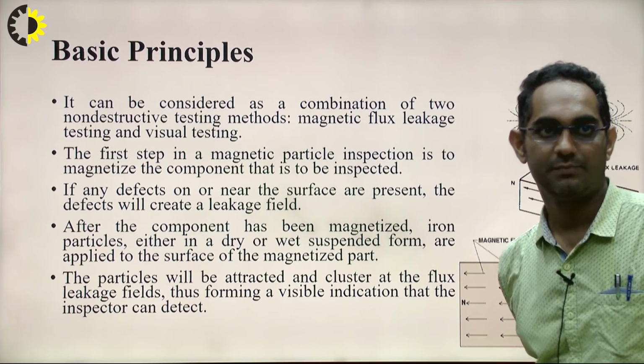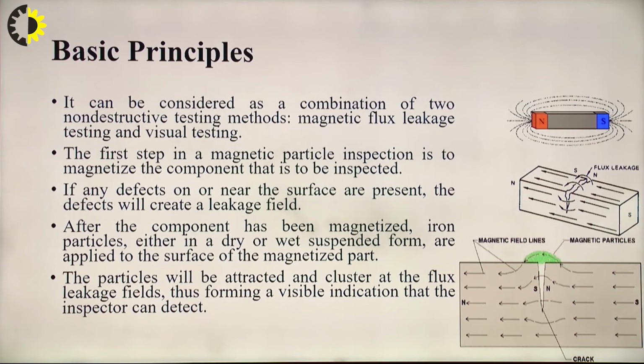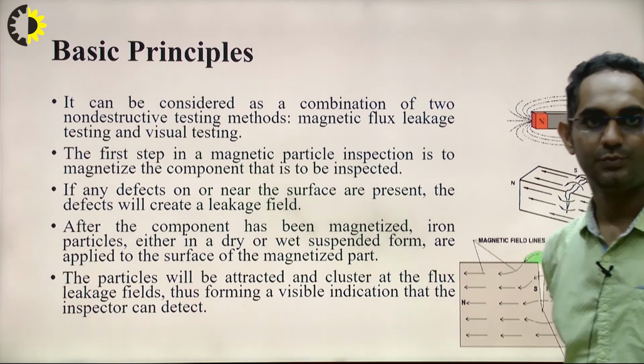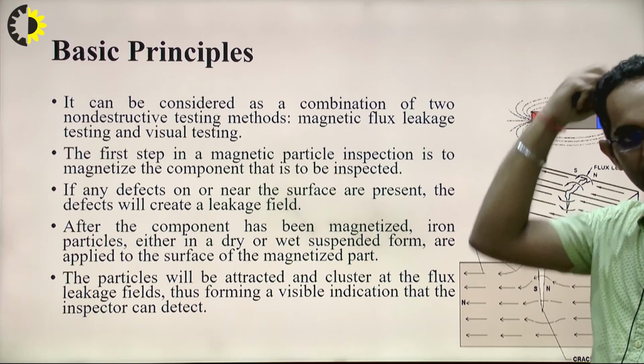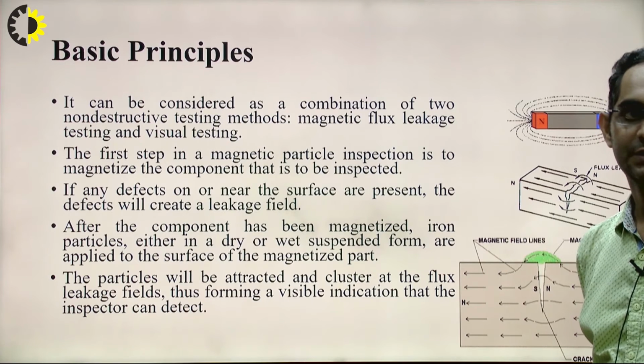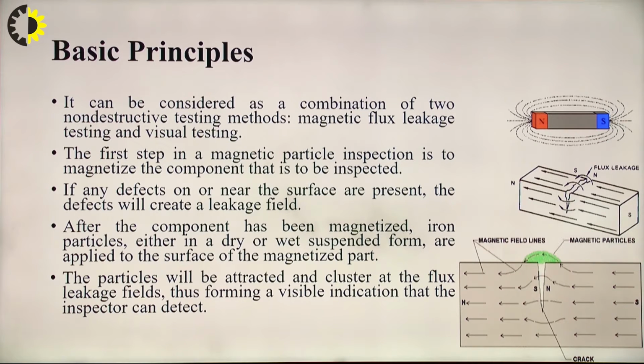What is the first step in magnetic particle inspection? The first step is to magnetize the component that is to be inspected. This is the magnet with the north and south pole, and this is the flux leakage from one pole to another.